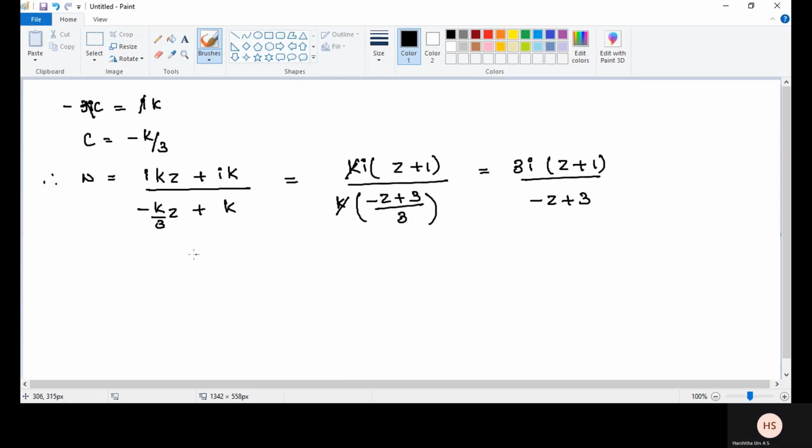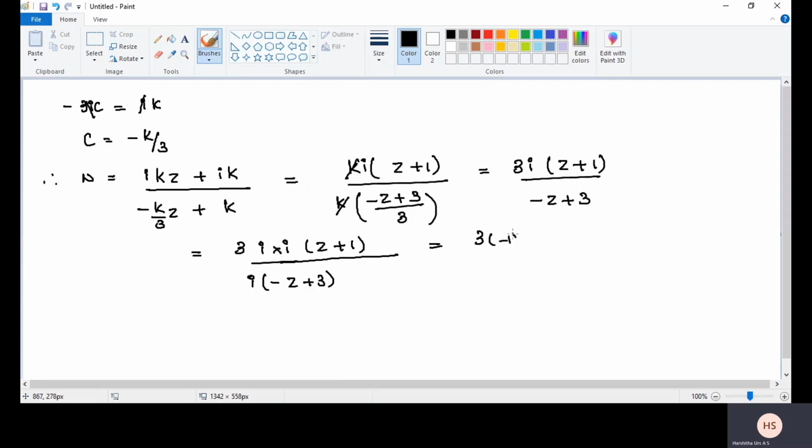Now, in the numerator, multiply by i. 3 into i, multiply and divide by i, into z plus 1. We all know that i square value is minus 1.